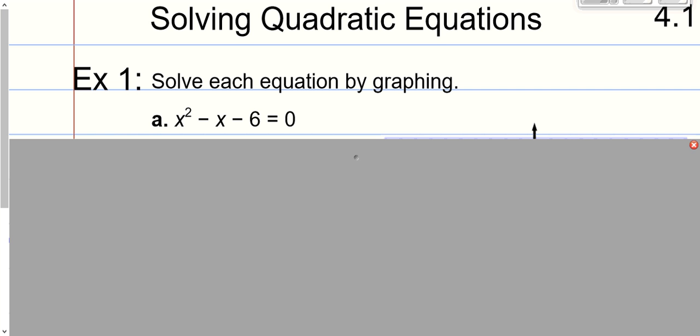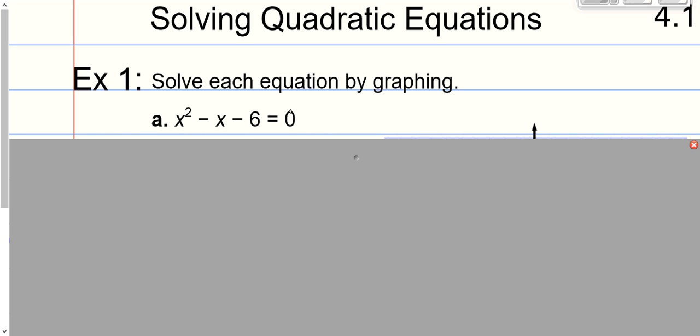Now, right here, 4.1, solving quadratic equations, example 1, says solve each equation by graphing. So first of all, we have x squared minus x minus 6 equals 0. Well, we can't graph like that because we can't graph an equals 0.